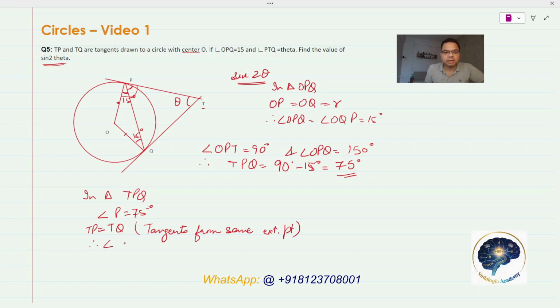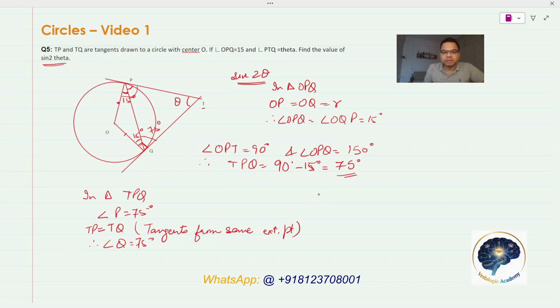Therefore angle Q also becomes 75 degrees. This seems right because we have this whole angle as 90 degrees. This is a radius on the tangent, right? So it becomes correct. So both of these angles we have found out now.